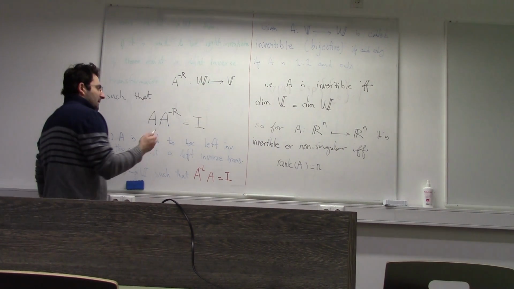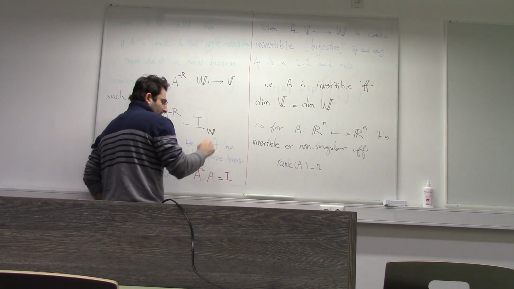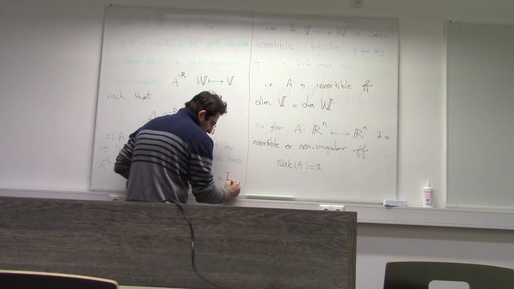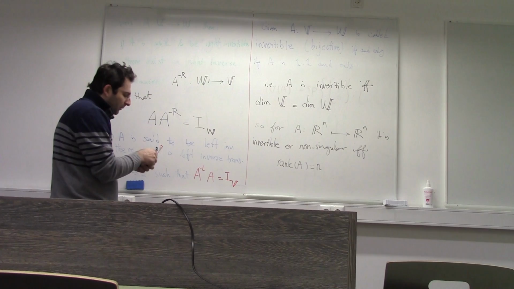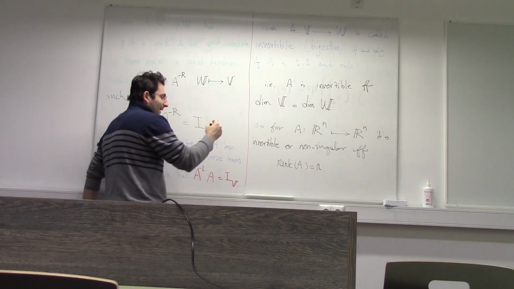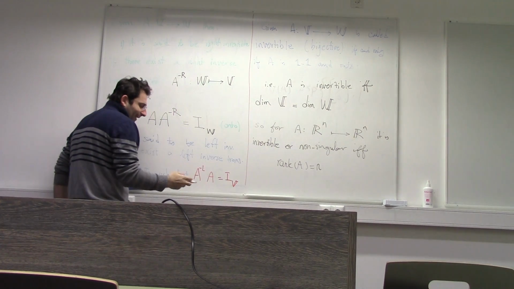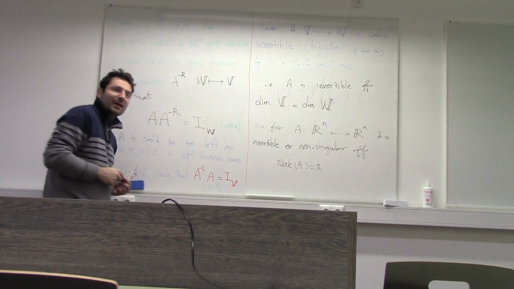When it is in the right inverse, it belongs to W. When it is on the left, it belongs to V. In other words, we have the right inverse if we are only onto, and we have only the left inverse if we are only one-to-one.